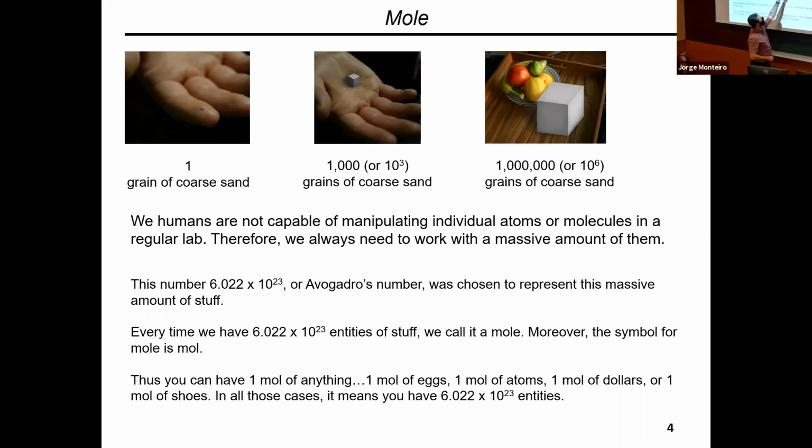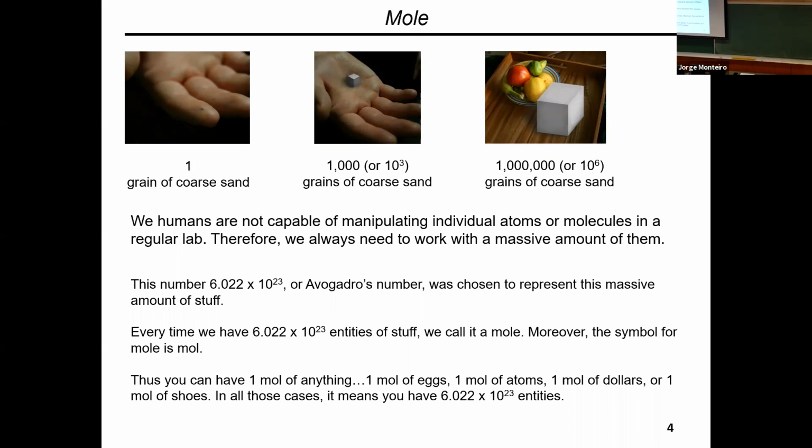And if we get 1 million grains of coarse sand, that will fit on top of the table. We humans are not capable of manipulating individual atoms or molecules in a regular manner. So we always need to work with a massive amount of atoms. Because atoms are very small, we need a huge amount of atoms to be capable of manipulating them.